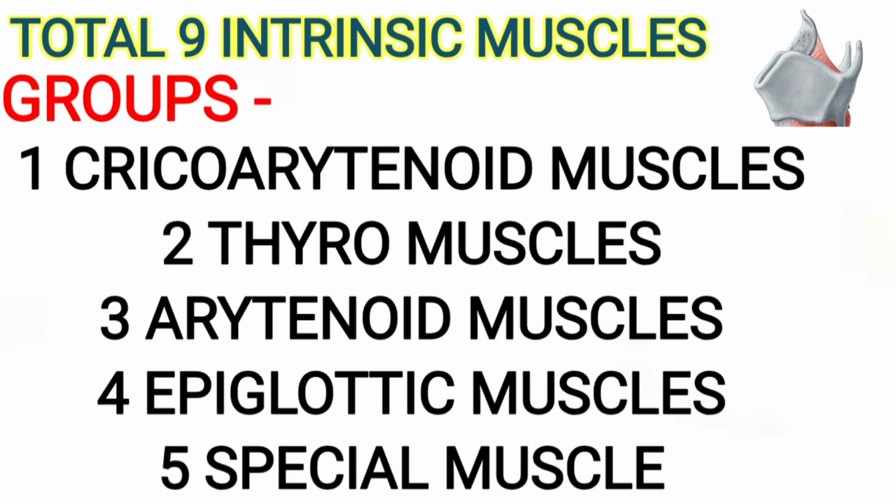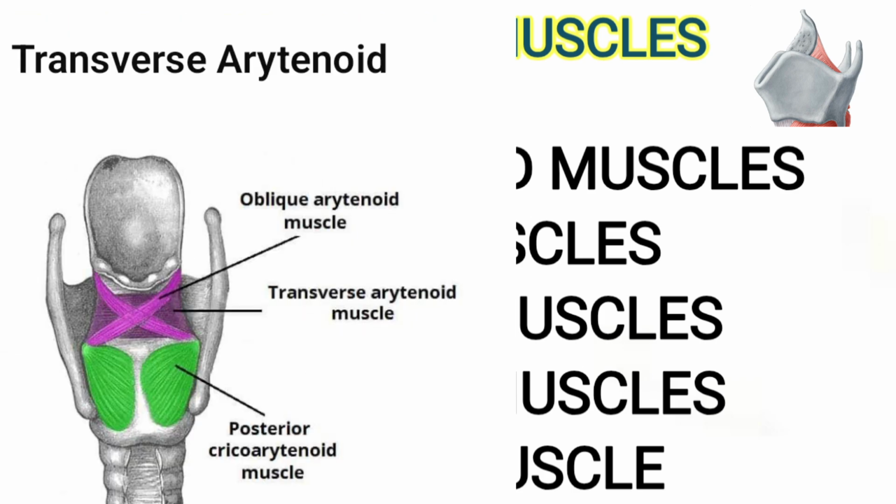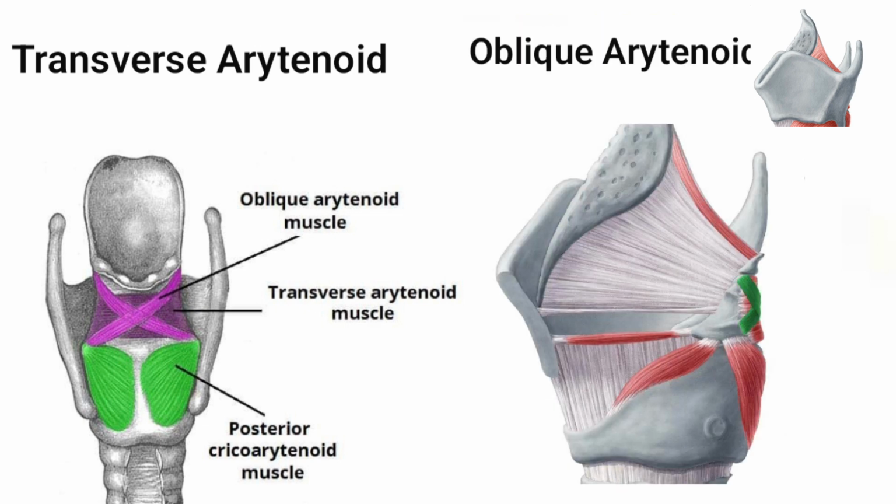Thyroid likes connecting to everyone. Group number 3, arytenoid muscles. There are two muscles, transverse arytenoid and oblique arytenoid. Transverse means straight bridge and oblique means crossed bridge.